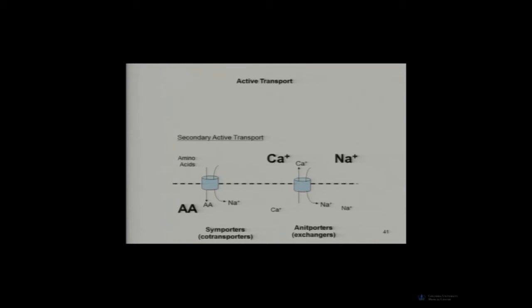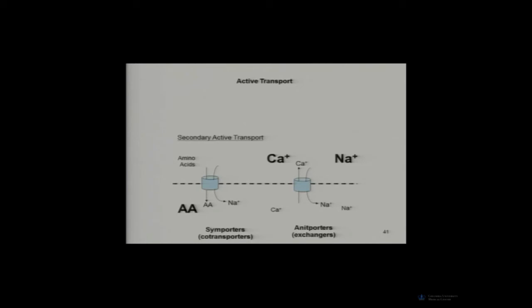Okay? So what secondary active transport is, you have these transporters that harness the kinetic energy released when sodium moves into the cell or some other ion moves down its concentration gradient, and it uses it to actively move a second substance against its concentration gradient.